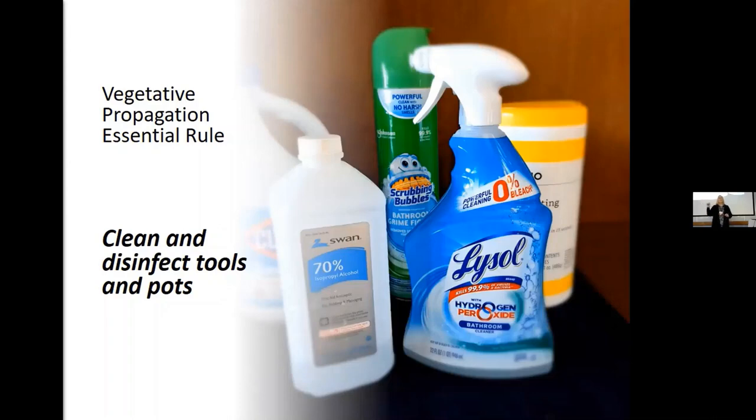Now, the same thing holds true with tools, and that means any tool that you're using during propagation. You could use the 10% bleach solution for that, but that's pretty corrosive on your tool, so there are some better options. You can use a 70% isopropyl alcohol. You can get those in wipes, or you can just make your own.